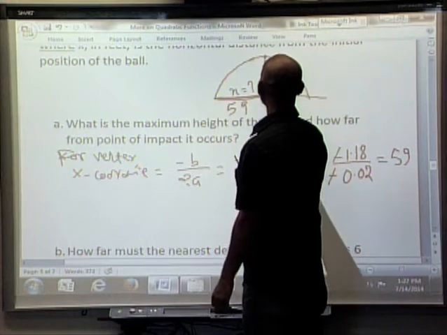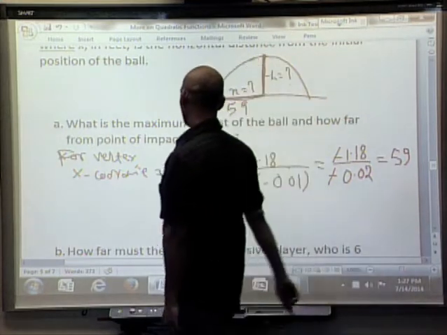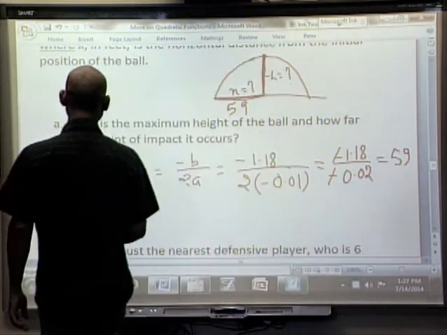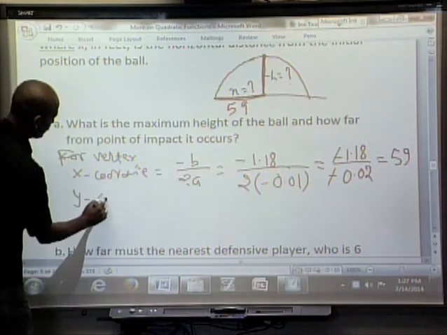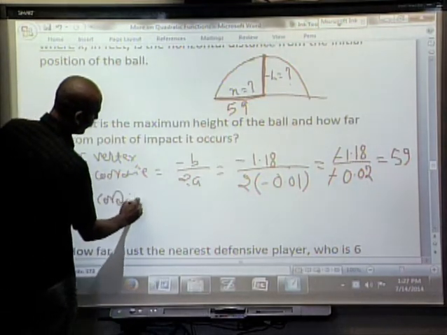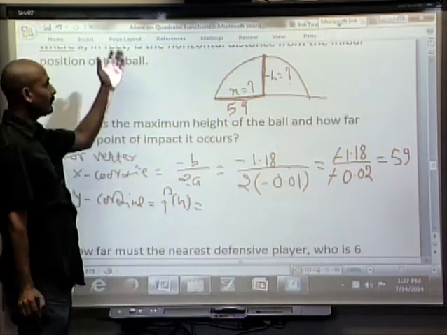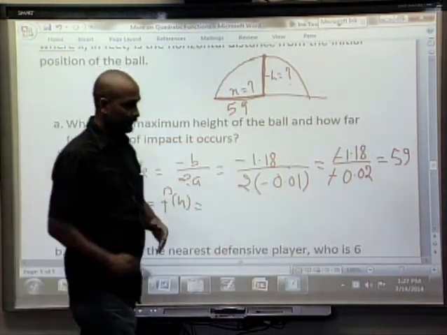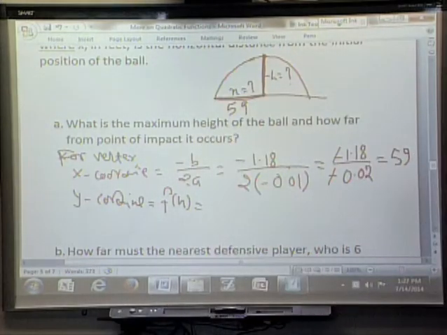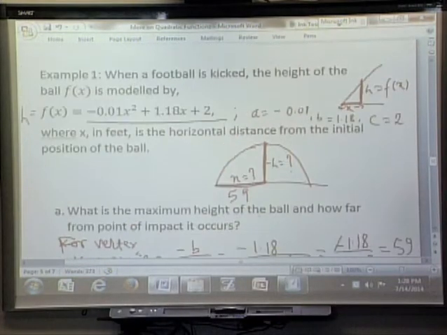Now, in order to find the vertical height, the maximum height, remember we need to find the y coordinate. The y coordinate of the vertex is f of h, meaning that in the formula of the function we need to replace x by 59.